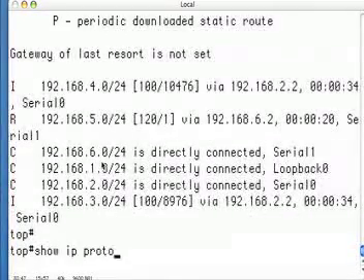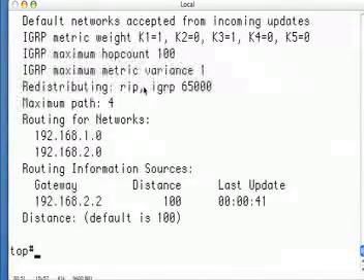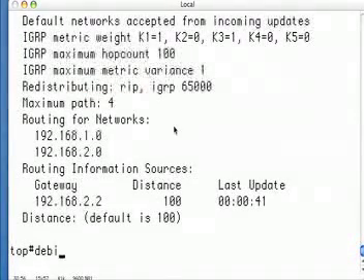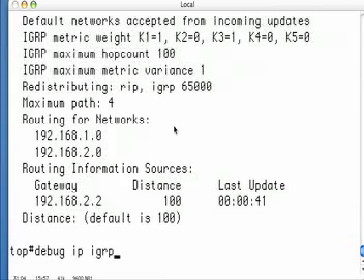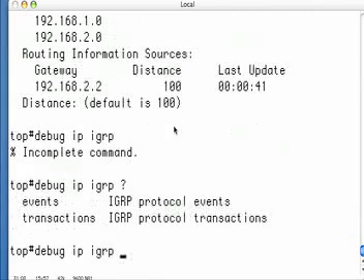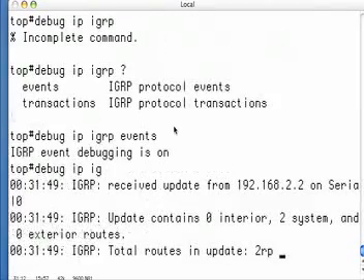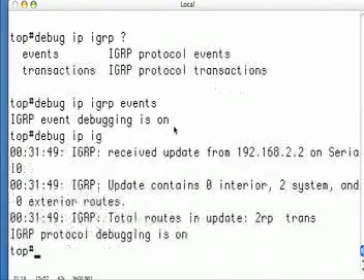Show IP proto. In IP proto, it says I'm redistributing RIP into here. Last update was 41 seconds ago. Debug IP IGRP, debug IP IGRP events, debug IP IGRP transactions.